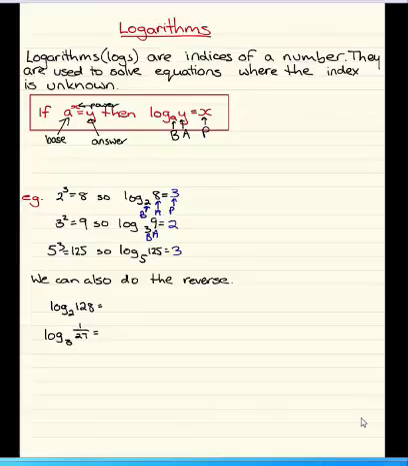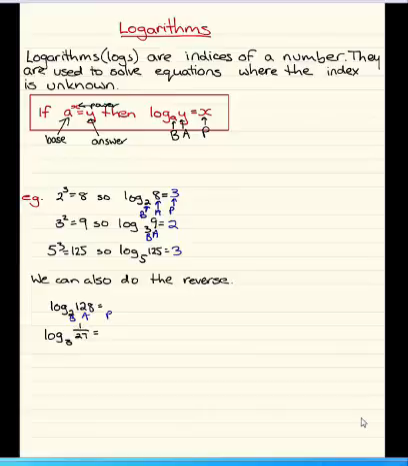Now that all seems really simplistic, and that's generally not the way your questions are going to work, but you have to be able to transfer from something written as an index to something written as a log and back again. So let's do it in reverse. We've got log base 2 of 128, and we want to know what that's equal to. Again, go back to that BAP: we're trying to work out the power.